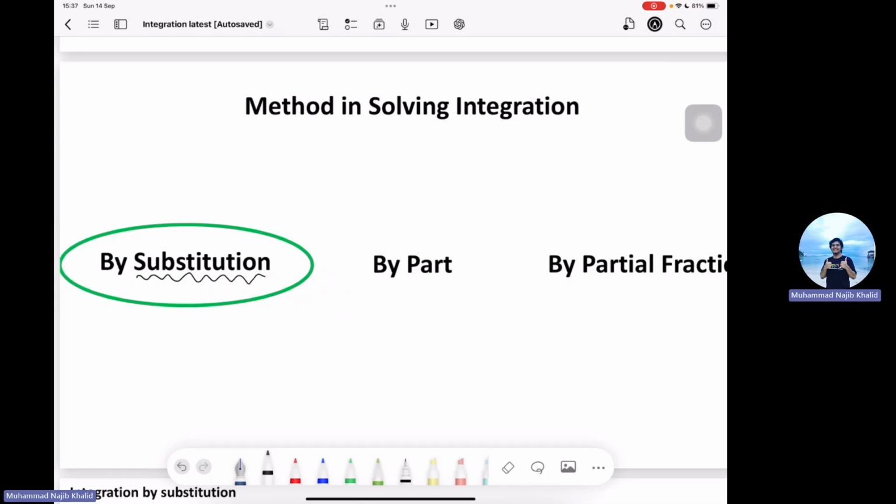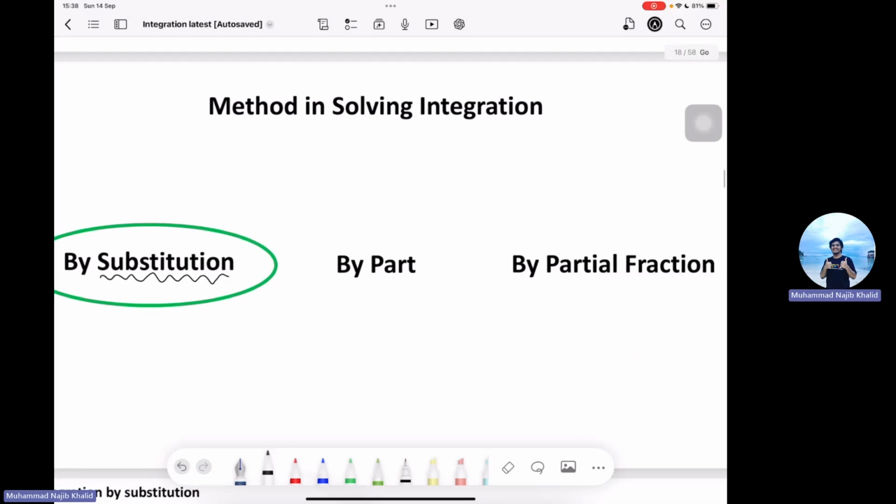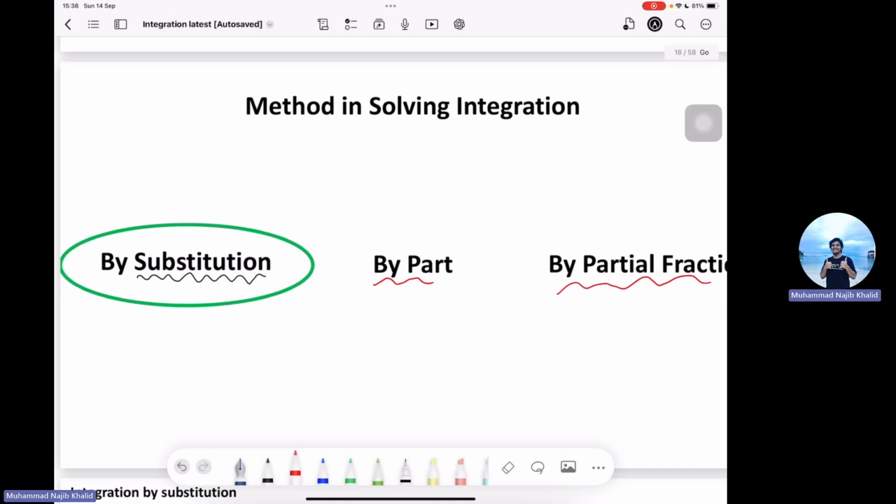As I said before, we have three methods: substitution, by part, and partial fraction. Next week we will learn more about by part as well as partial fraction. So today we are just focusing on the first method, substitution.